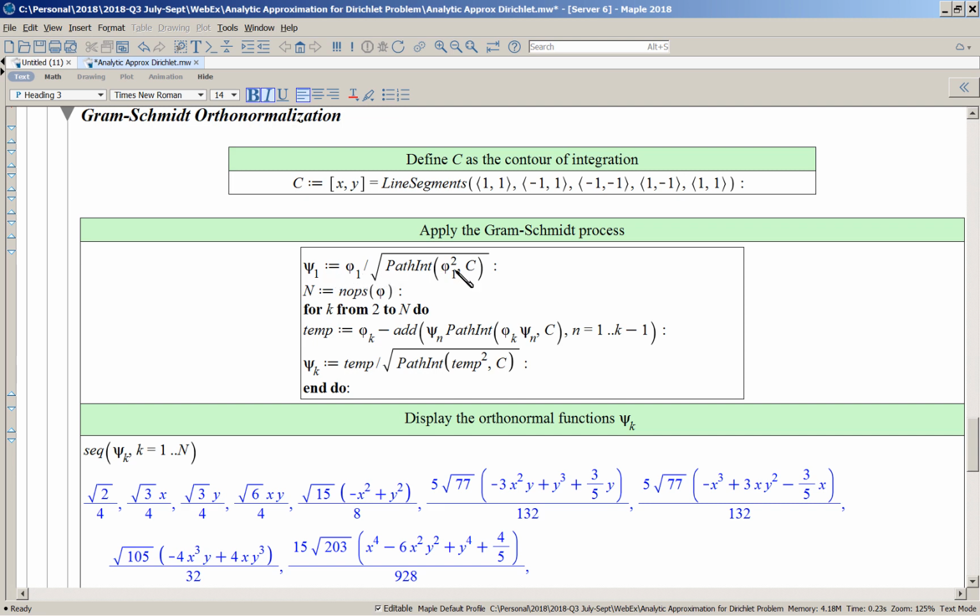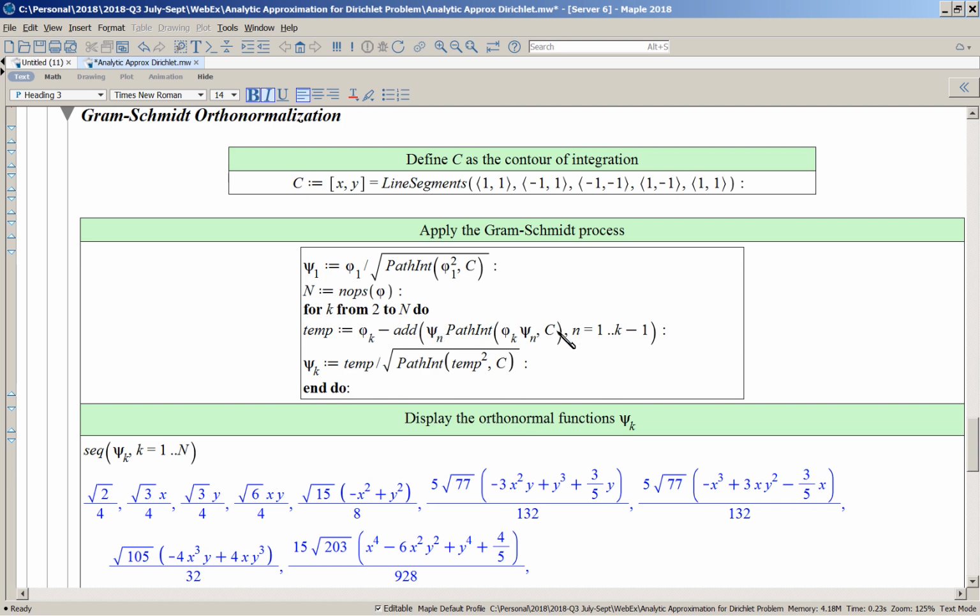This is the first psi function. pathInt does the integration. C stands for the syntax that it takes to tell the pathInt command to integrate around this polygonal path. Here I'm counting the number of elements. I think it was 17.